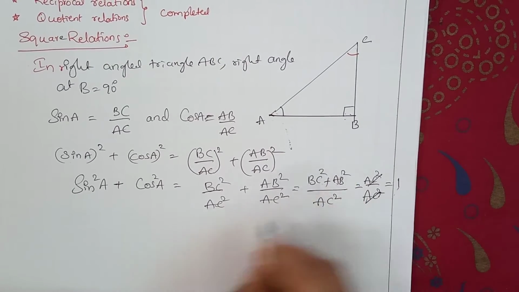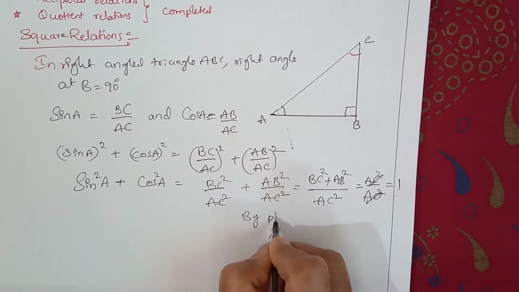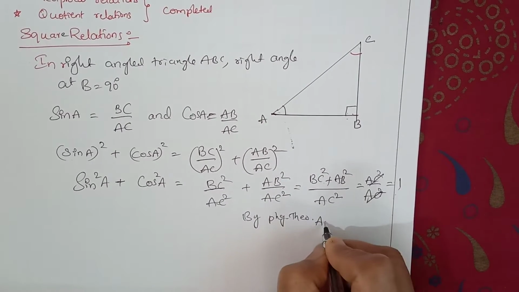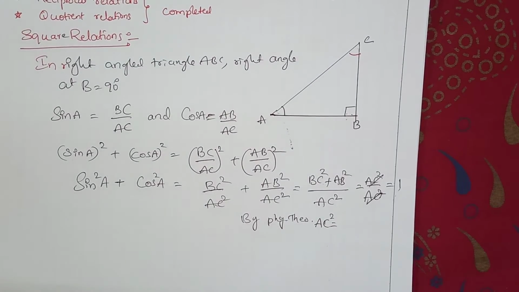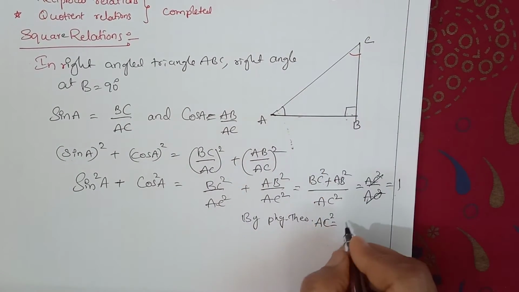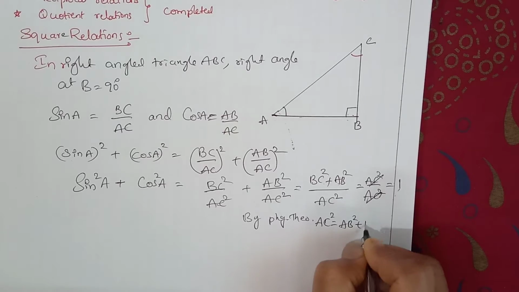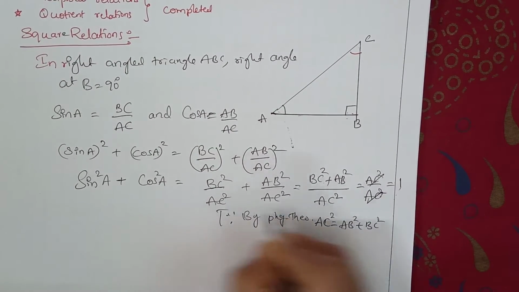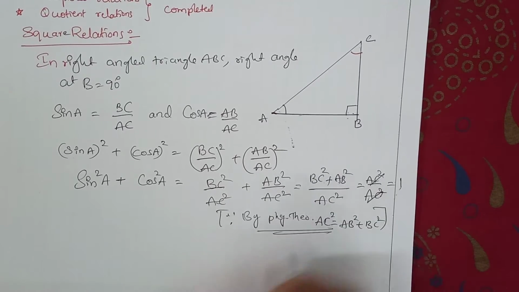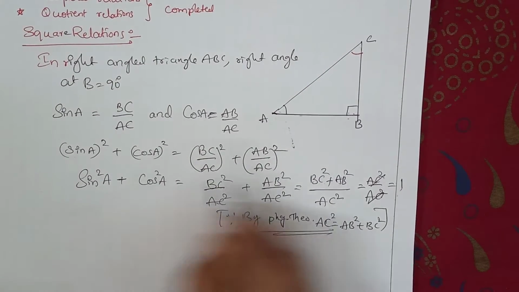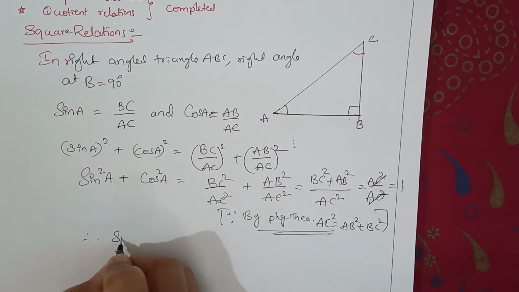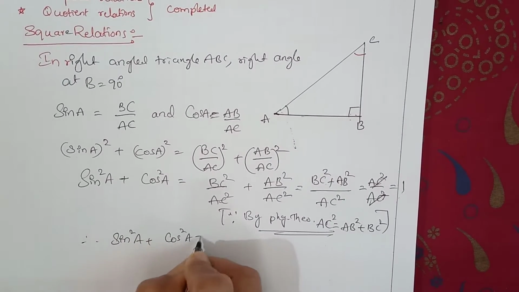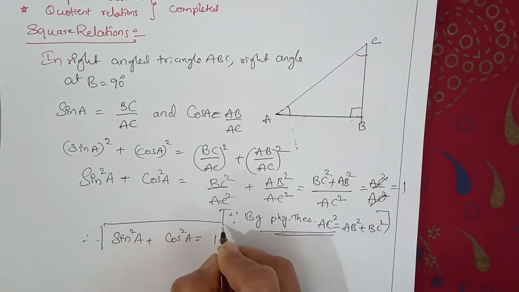This is by Pythagoras theorem. What is Pythagoras theorem? Hypotenuse square is equal to the sum of the squares of the other two sides, AB square plus BC square. Since, by Pythagoras theorem, this is identity 1: sin square A plus cos square A. What is the value? It is 1.